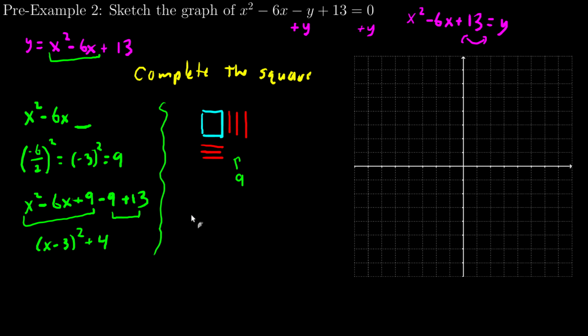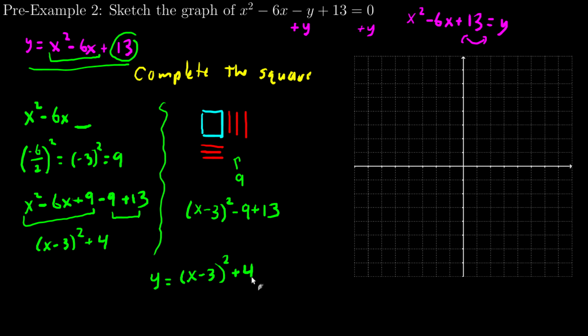And so I'd end up with the same thing. I would have, from here, x minus 3 squared. I am missing 9, and I have this 13. And so I get the same answer. I get the vertex form of this equation, x minus 3 squared plus 4.